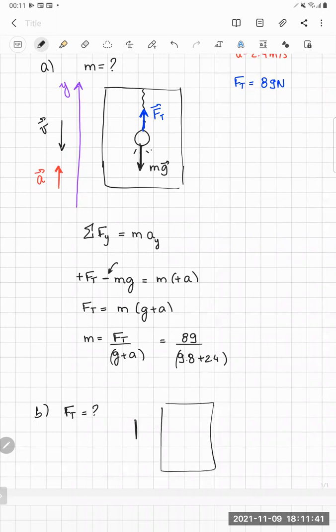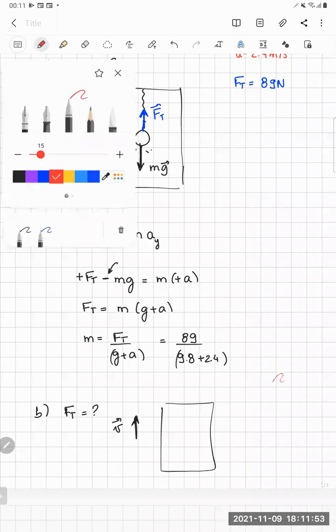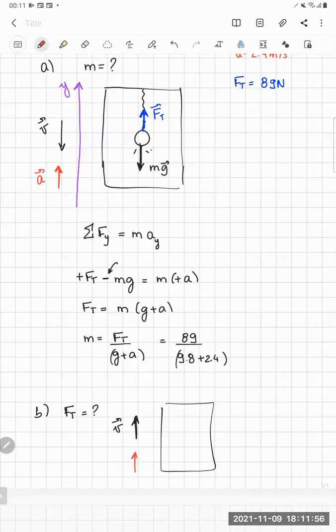The velocity now is going to be pointing up. It's ascending. But look, it's going up with an upward acceleration. So nothing has changed about the direction of the acceleration. This elevator now is speeding up, is going up with the same acceleration.